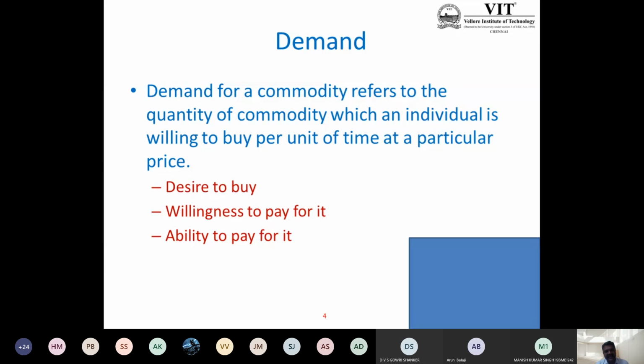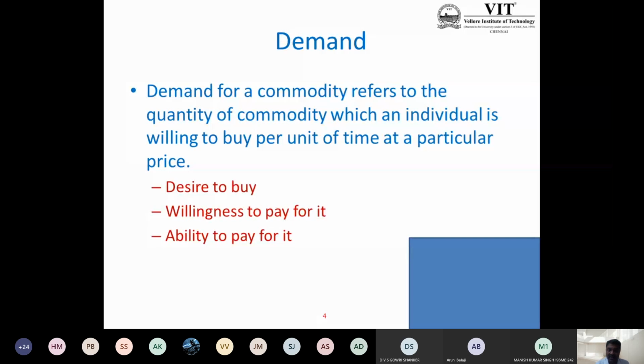Now, with this understanding, read the definition again. Demand for a commodity, commodity meaning an item, refers to the quantity of the commodity desired by people, which they are willing to pay for and have the ability to pay for. How much quantity is in demand, that's what we call demand.